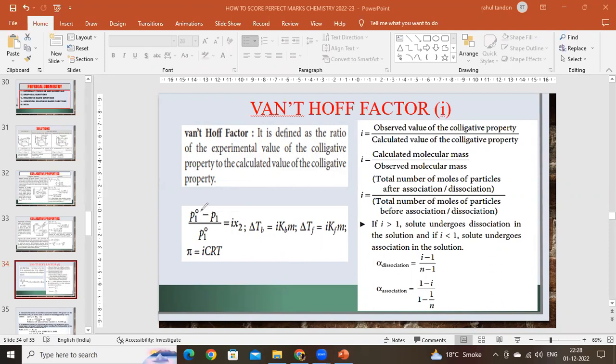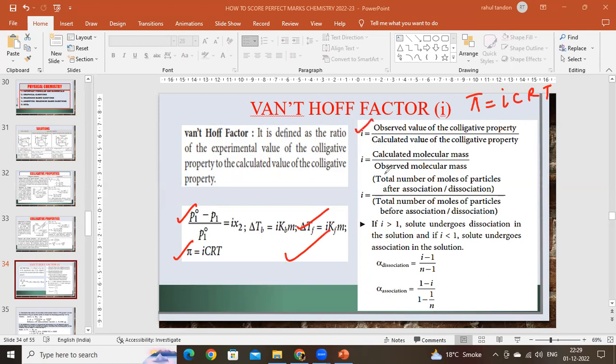Or I can write the modified formulas I have already discussed with you. If I am writing pi is equal to CRT, just put i for an electrolyte, or P naught minus P divided by P naught will be equal to i xi of the solute. Delta TB is equal to i KbM or delta TF is equal to i KfM. These are the formulas.